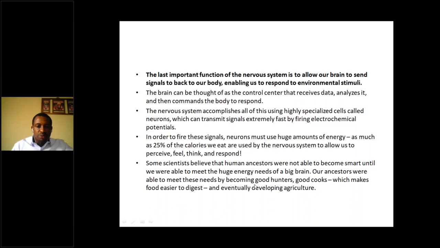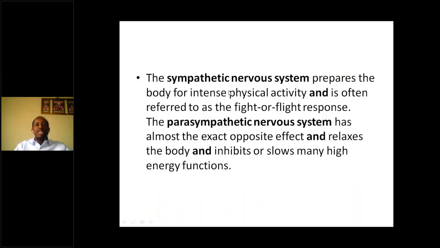Okay, so the nervous system is branched into two. So you have the sympathetic nervous system, which prepares the body to respond to intense physical activity. So it's referred to as the fight or flight response, sympathetic. If somebody annoys you, if there is an emotional trauma, this is where information passes through. Then it has a backup.